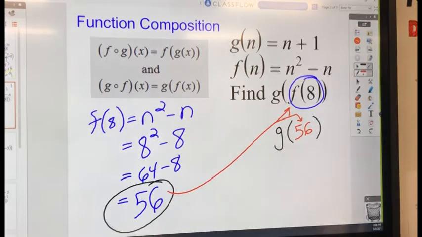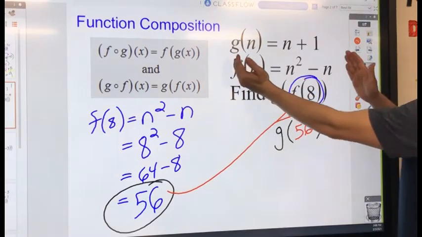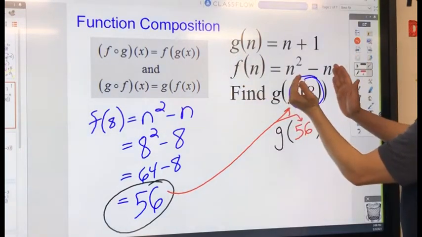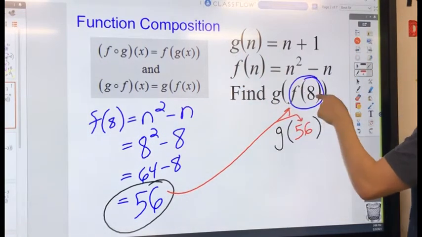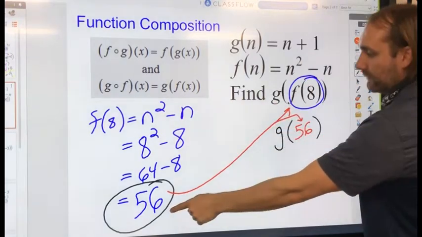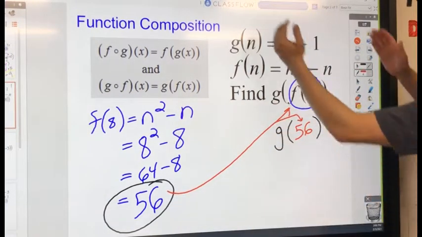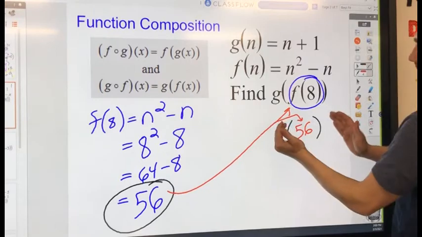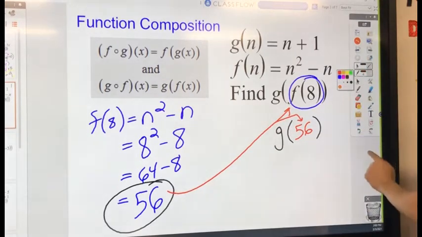Why did I say f of n though? That's just a function. I'm replacing the variable n with 8, and I'm solving, which I found 56. Now g of n is just a function, and now I want to evaluate g of 56.